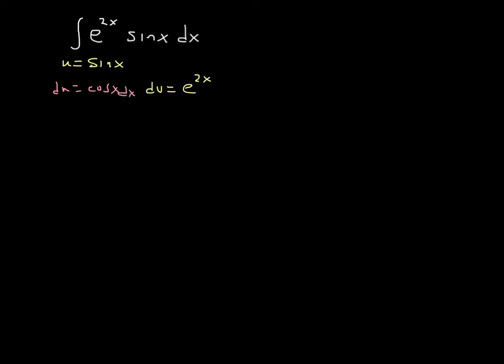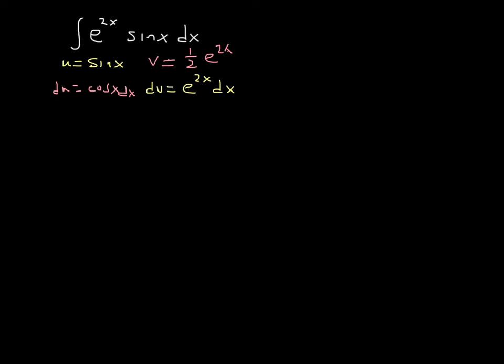And I should put the dx with the dv. And v is going to be a function whose derivative will be e to the 2x, so it's going to be 1/2 e to the 2x.